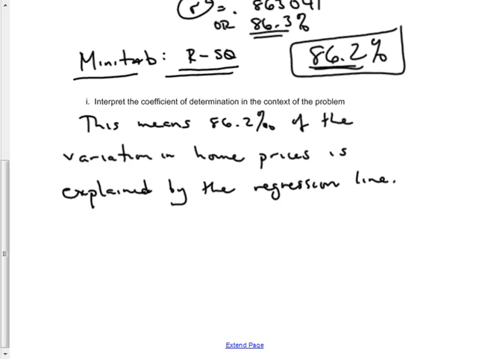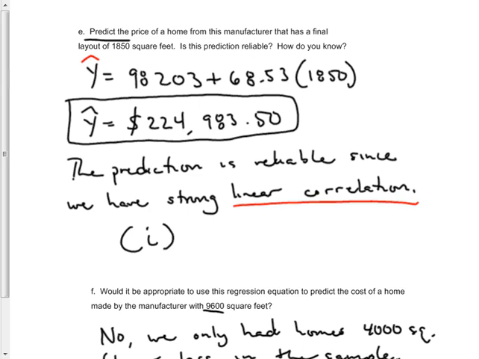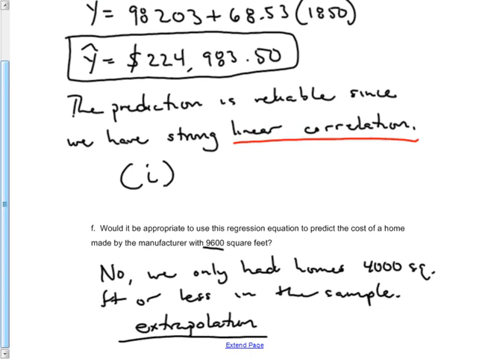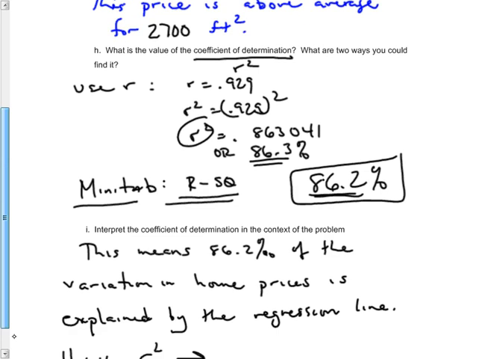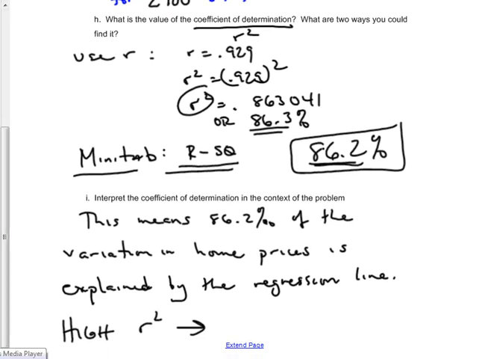When the r squared value is high, that means that you have a good model. That would mean that your predictions are reliable because you have a good linear model.